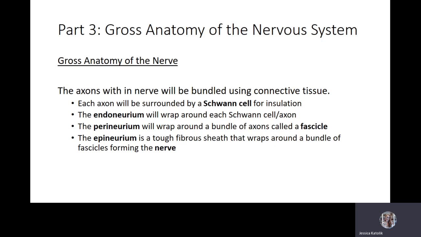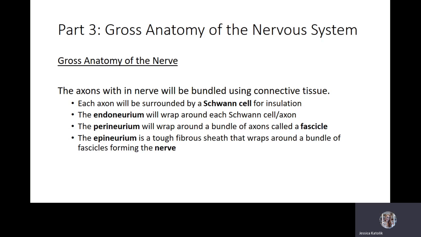Epi means upon, so it's upon the outside of the nerve. So we have endo being the deepest, then peri coming next, and epi on the most outside. This is the same pattern that we saw when we looked at the organization of a muscle.